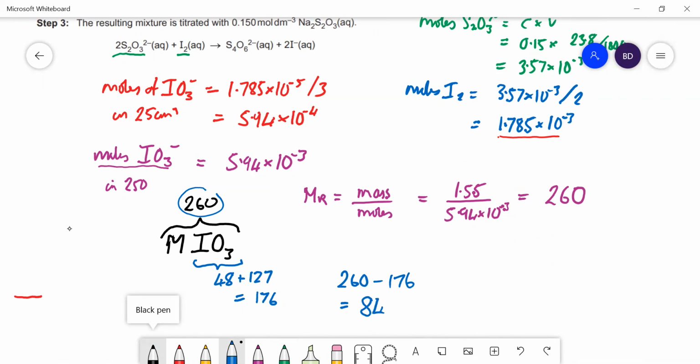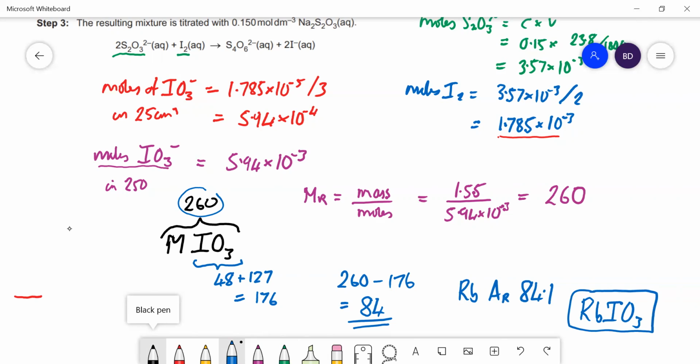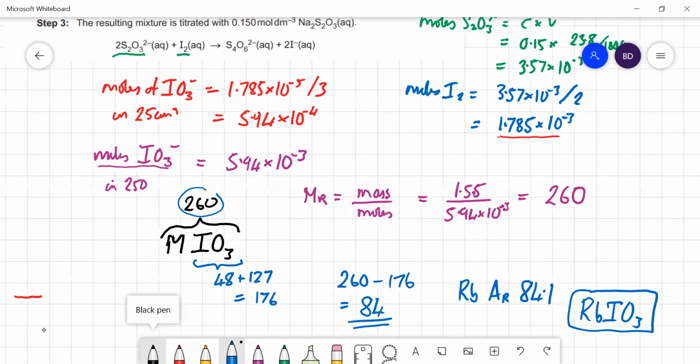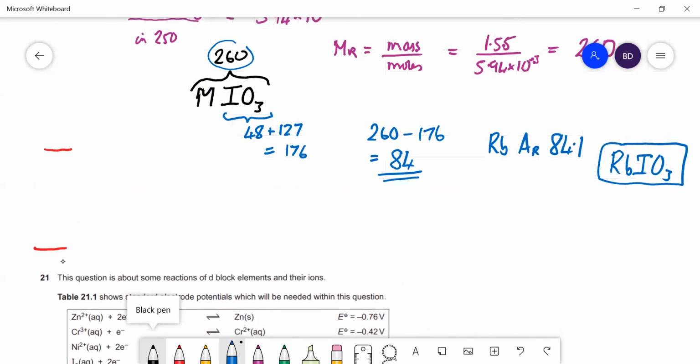Okay, so if you look in your periodic table, rubidium in group 1 has got a relative atomic mass of 84.1, which is pretty close to that. So we can determine that the iodate is rubidium iodate, which is RbIO3. That's the formula of the compound. That's what we set out to find out. That's done. Right, next question.